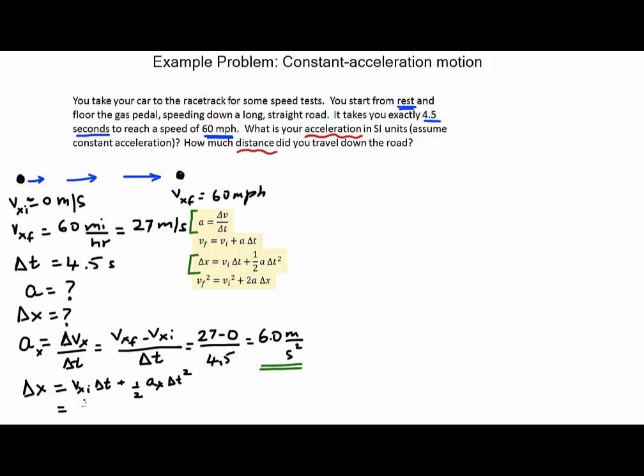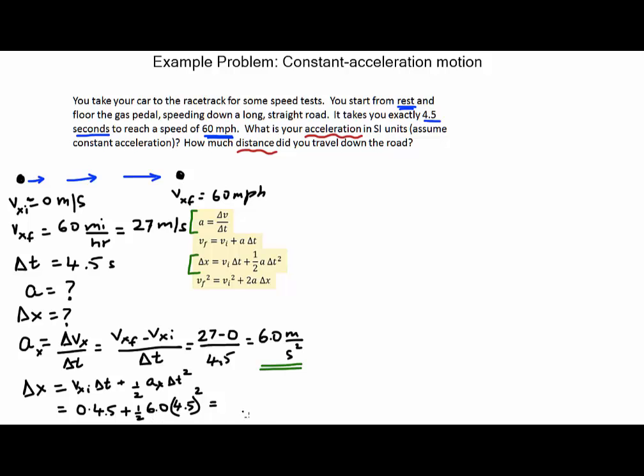When I plug in the values, this is 0 times 4.5, which will be 0, plus 1/2. Now I got my acceleration that I just found out, so I might as well use it. I got 6.0 times 4.5 squared. And the units now would be meters per second squared times second squared. So the second squared cancel, and I get my answer in meters.